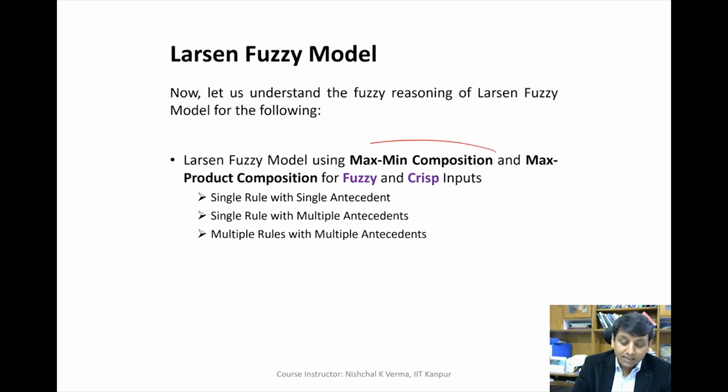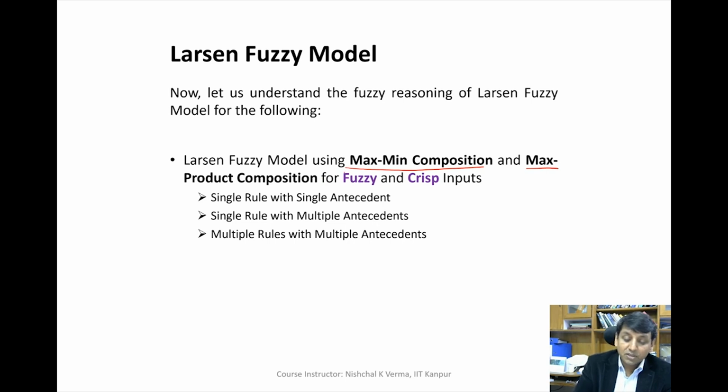and then again all these three cases we'll discuss for the compositions, that is max min and max product composition. So both the compositions will be discussed here in this lecture. So we have two compositions. The first composition is the max min composition and the second one is the max product composition.